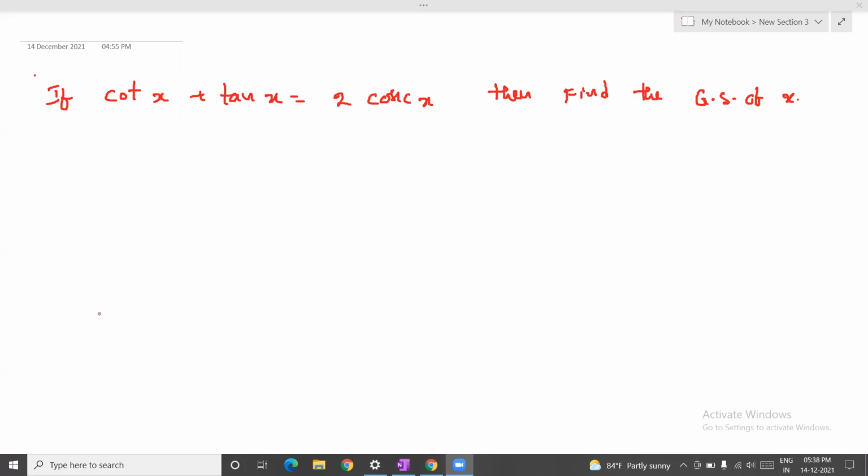If anyone got the answer, please let me know. The clue is to convert everything into sine and cos, and make it a single equation or a product of 2 or 3 ratios.